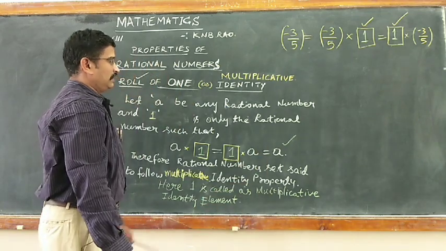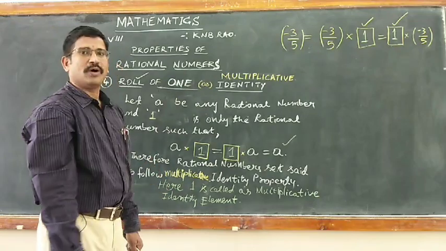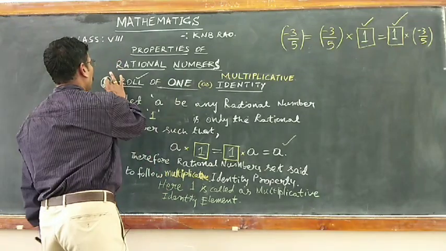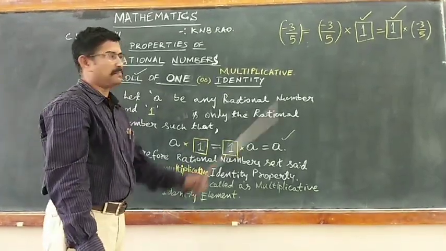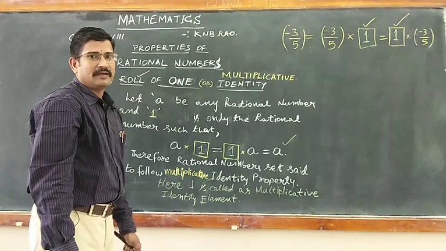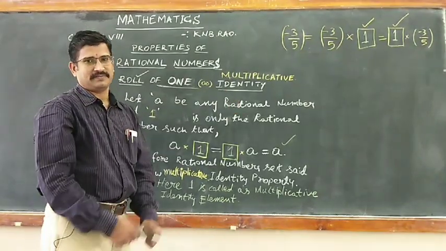So, this is the role of 1. Okay. Now, we will sum up this role of 1, that is multiplicative identity property, for the different types of numbers.